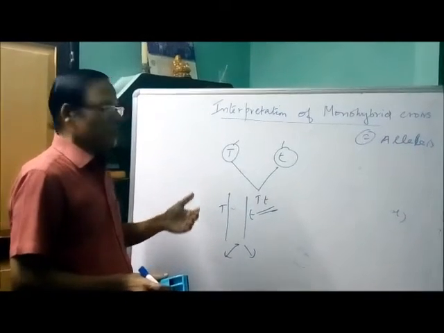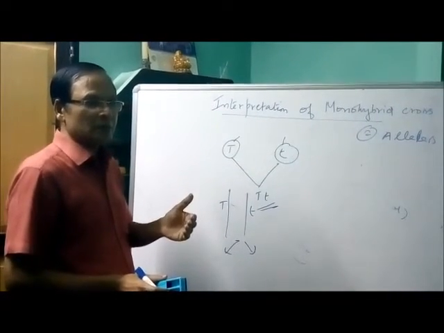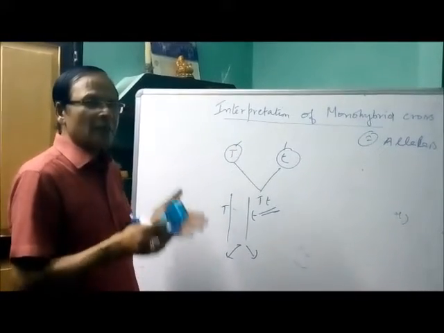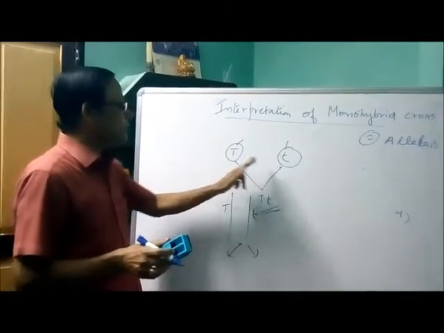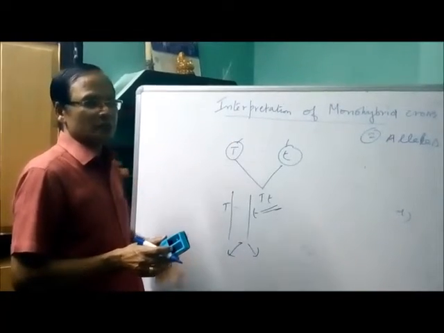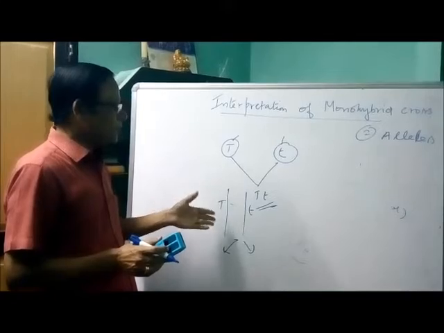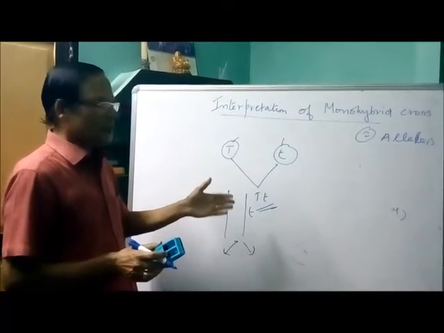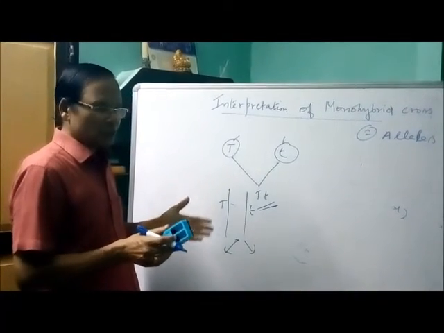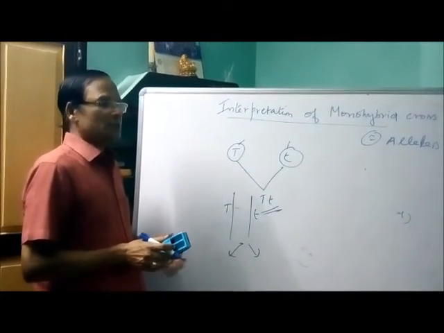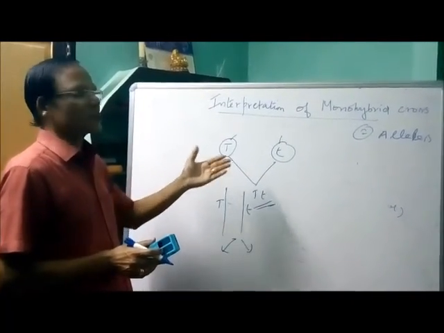The meaning is that they are two separate entities. They are separated, entering into two different gametes, and each gamete has only one of the two from the heterozygous condition. When the F1 individuals are crossed, they form gametes. The gametes with each factor combine together and form the next generation individuals. These are some of the interpretations of monohybrid cross.